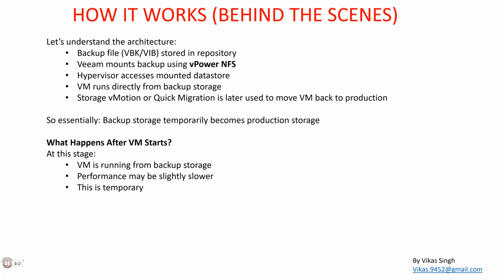Later the VM can be migrated back to production storage. So effectively the backup storage temporarily acts as production storage for your virtual machine. What happens after the VM starts? At this stage, the VM is running from backup storage. Performance may be slightly slower because it runs from your backup repository, which may not have the same performance as production storage. This is on a temporary basis.